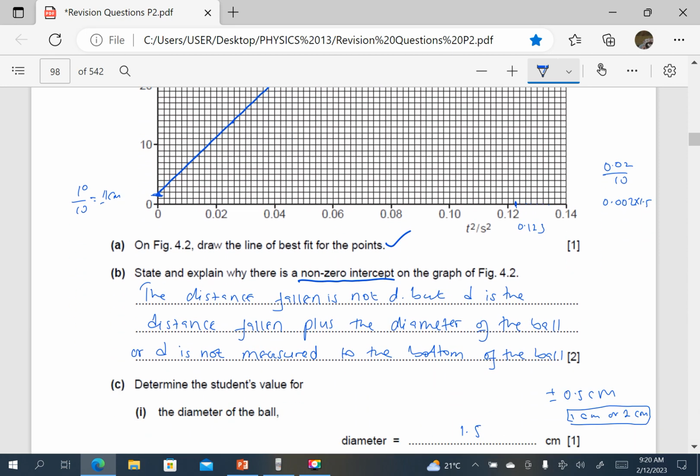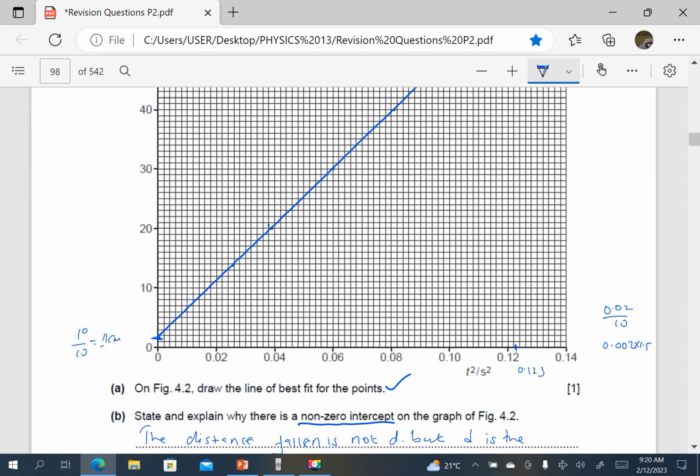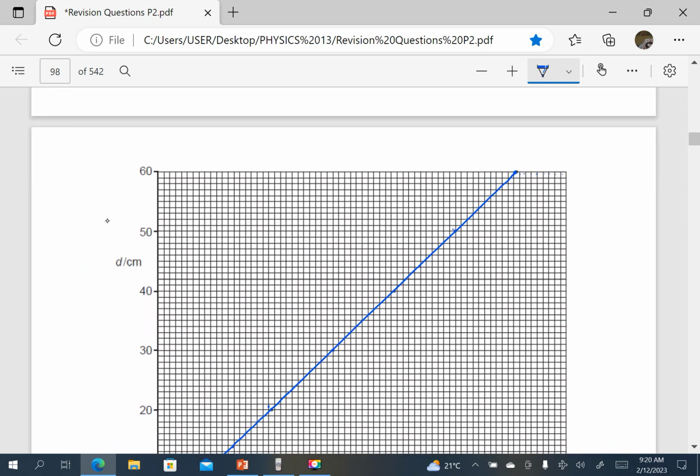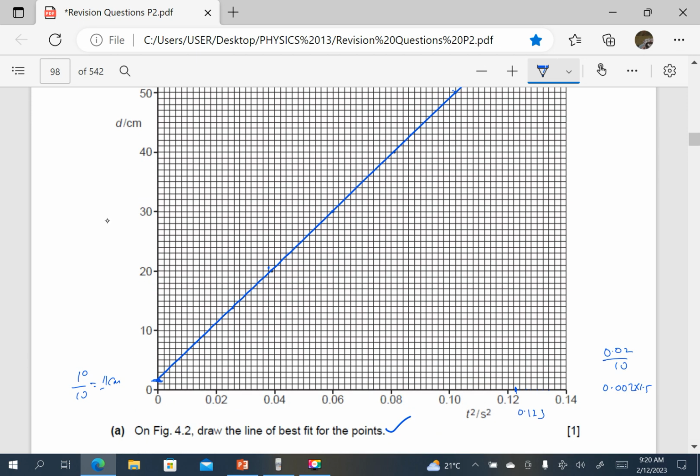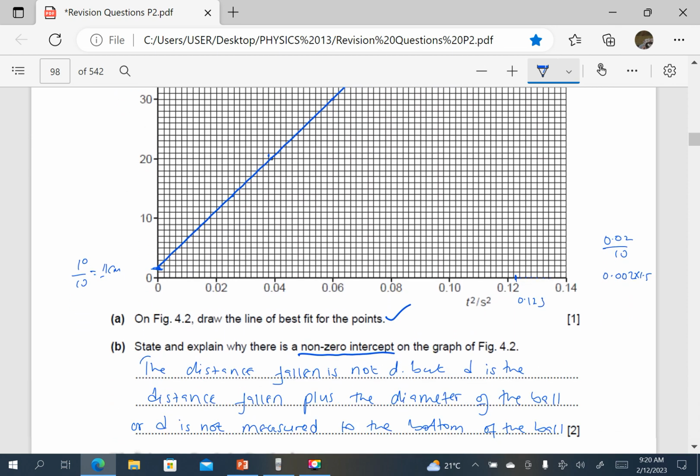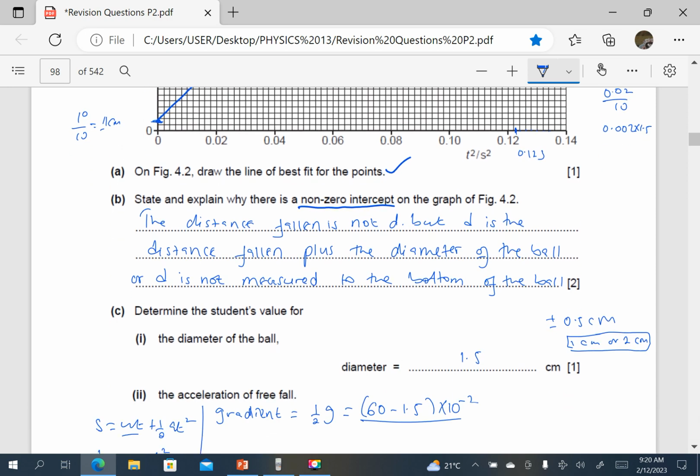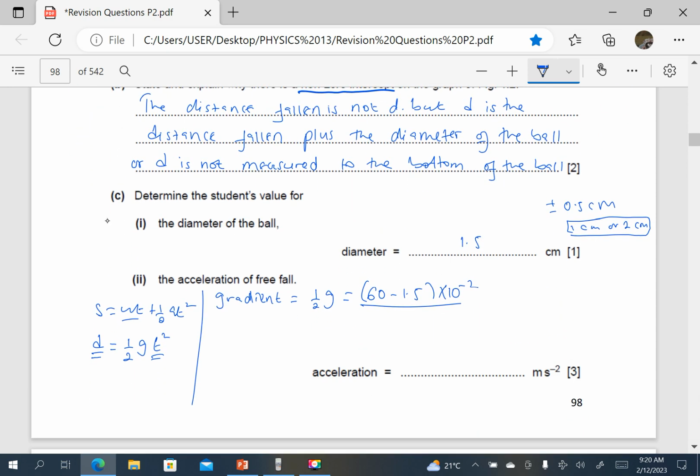I hope I counted well. 1, 2, 3, 4, 5, 6, 7, 8.5. Okay, so that is approximately 0.123, minus 0.